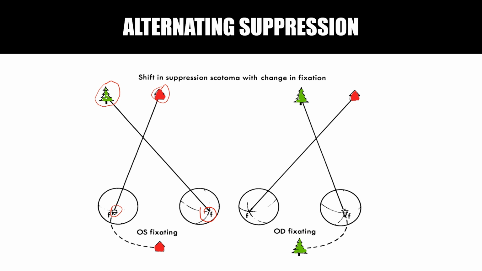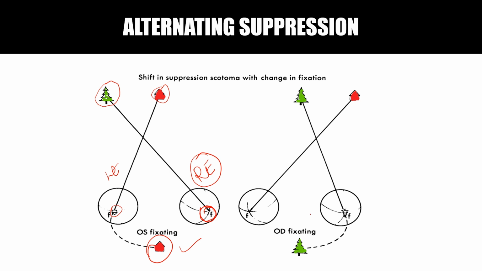However, as a defense mechanism, when the left eye is fixating on the hut or the house over here, the image coming from the right eye, from the right fovea, will be suppressed. So when the left eye is fixating, the right eye is suppressed, and therefore what you are seeing is the image from the left eye, that is the hut.